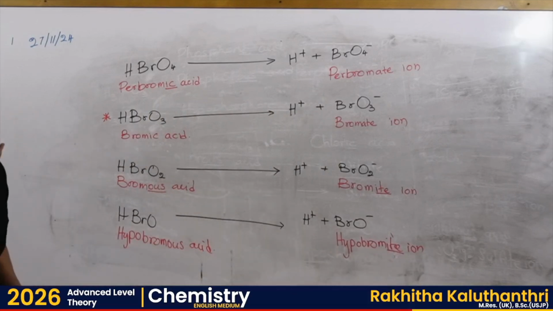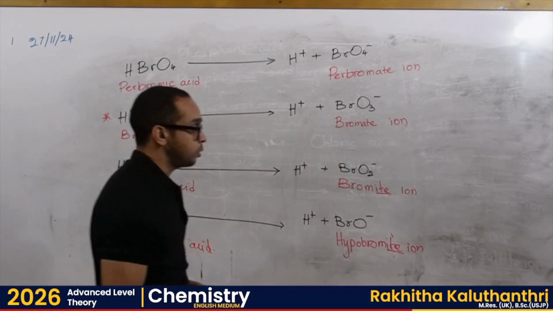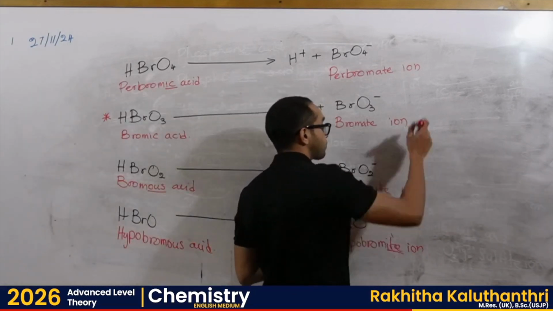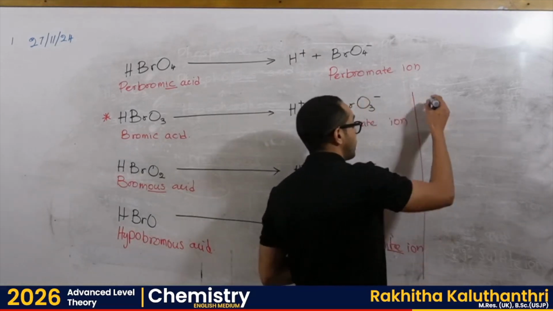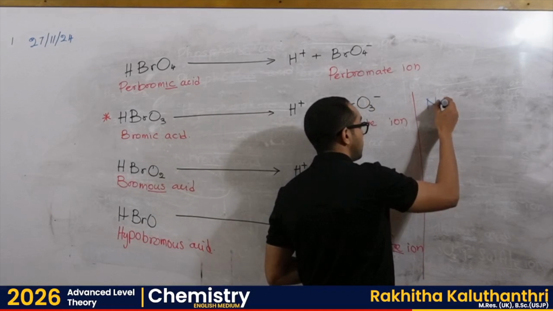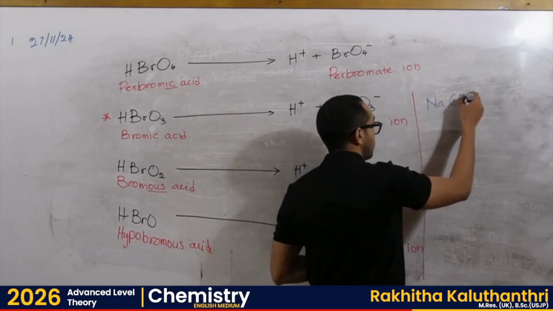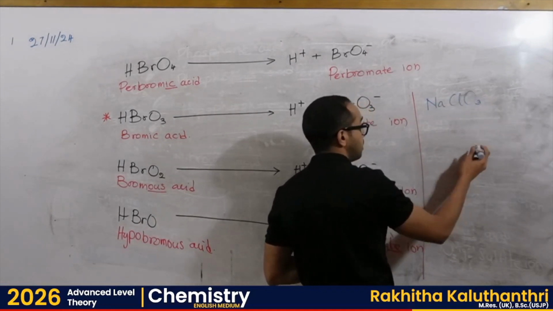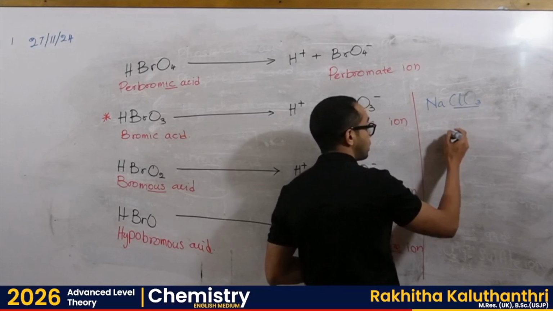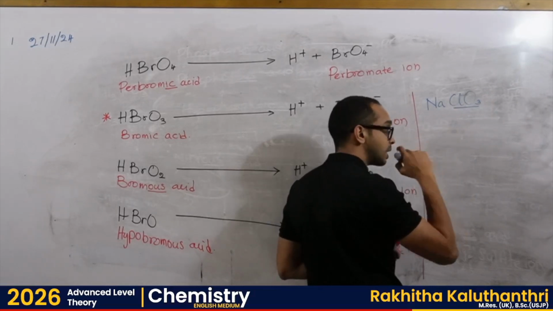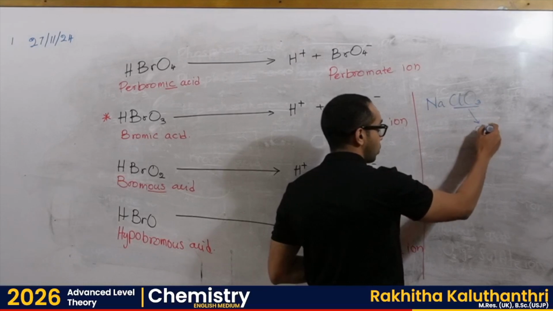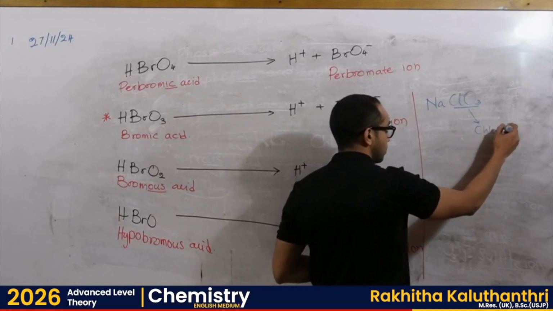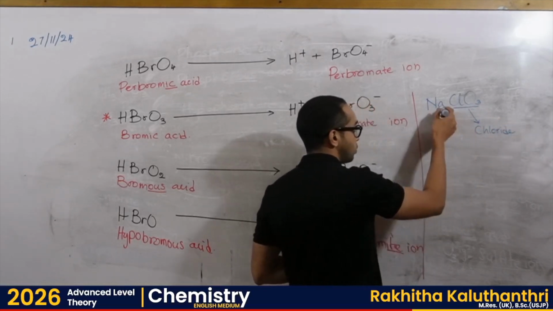So just to give you an overall idea how we use these. For example, if I come across something like NaClO3, I identify that the ClO3 ion came from chloric acid. And this is sodium.